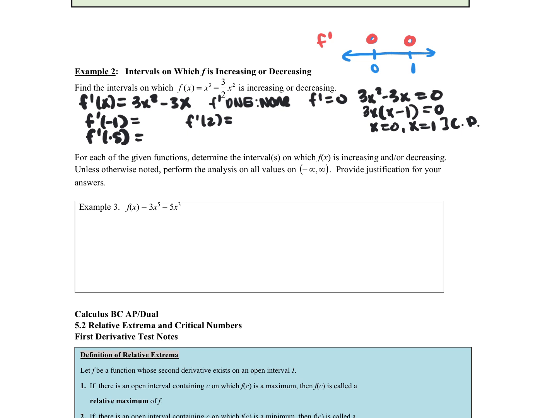And I really like the factored versions for this, right? Because if I plug in -1 here into the factored version of f prime, this will be a negative or a positive when I plug in -1? If we have the factored version, it's really easy to tell if it's negative or positive.